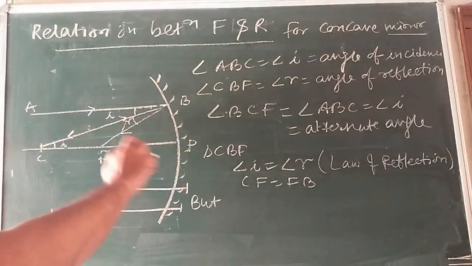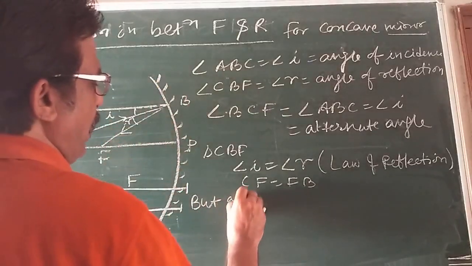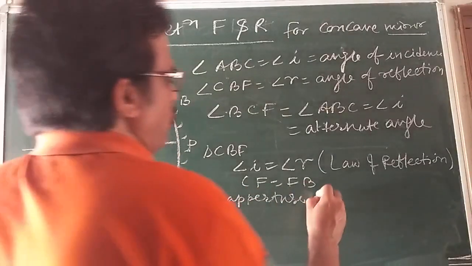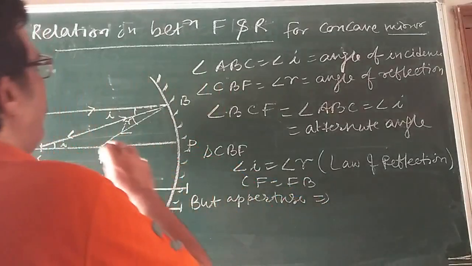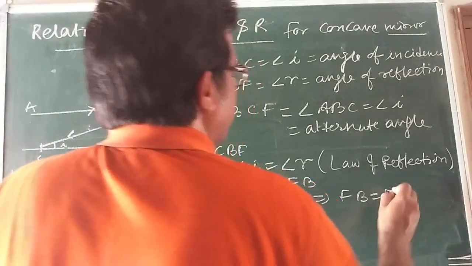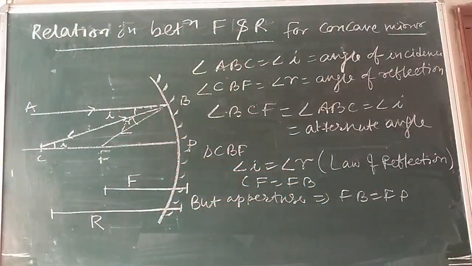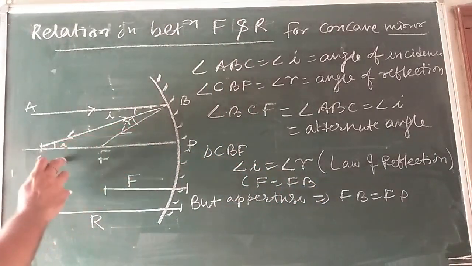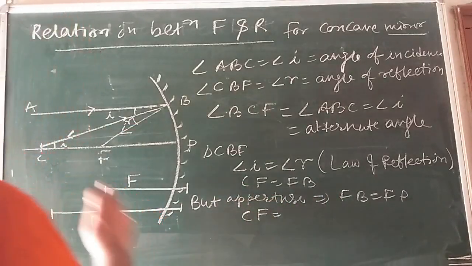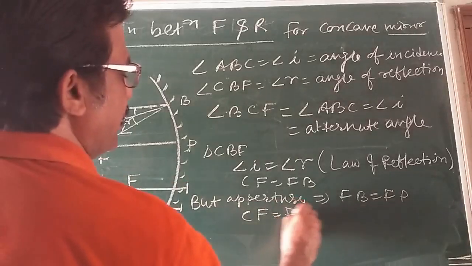If aperture is small, we can assume FP is equal to FP. When FP is equal to FP, so I can say FB is equal to CF. So I can write here CF is equal to FP.